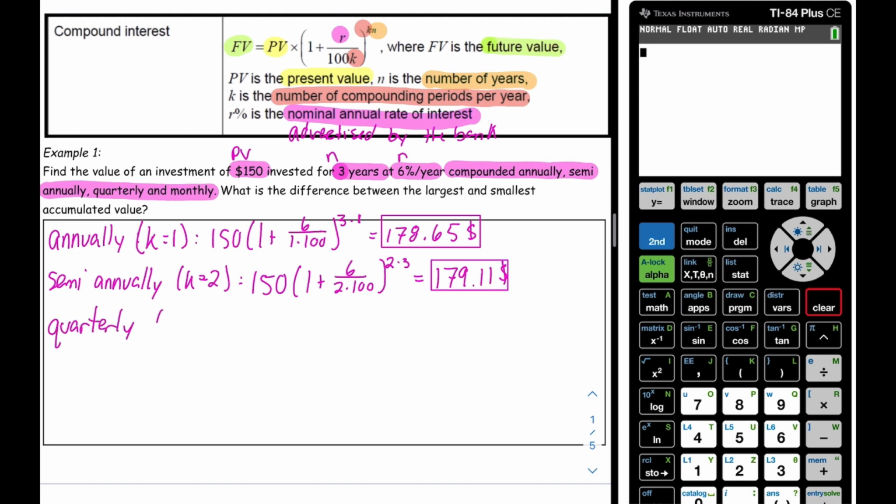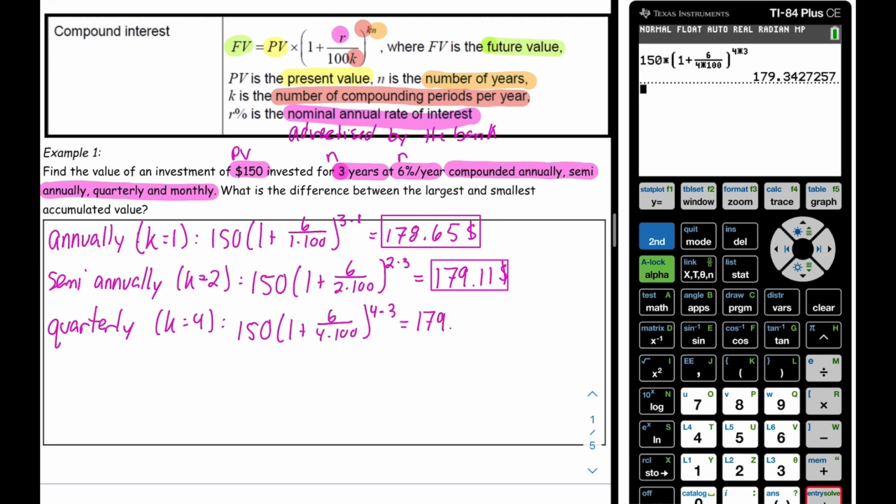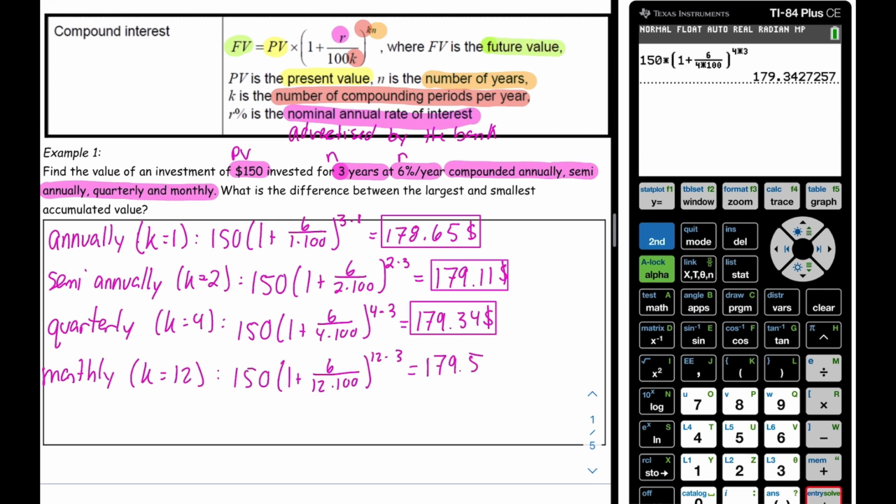Quarterly means that k is equal to 4. 179.34. And then the last one is monthly. So monthly means that our k value is going to be 12. Good. So this example was to practice with our new formula for the different compounding periods.